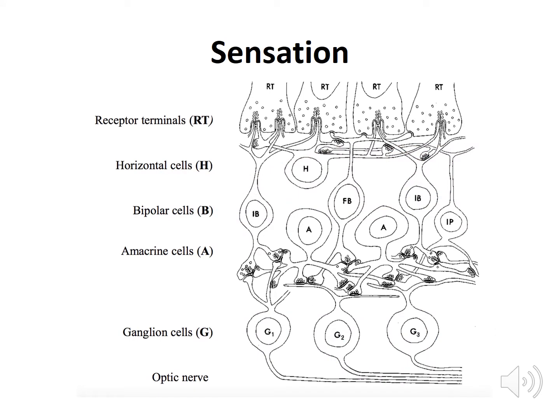This again is a cut through the retina. It does not show the pigment epithelium, but it shows the receptor cells at the uppermost layer, the RT layer. And it shows how the transduction is taking place here.